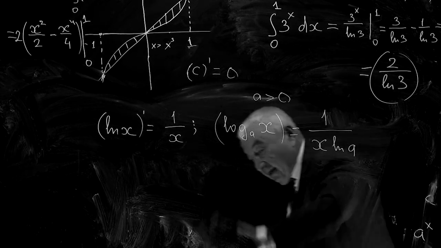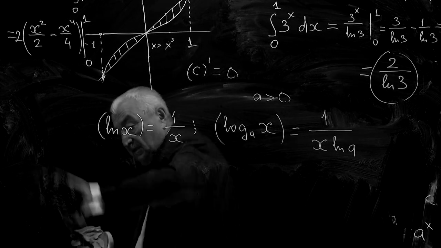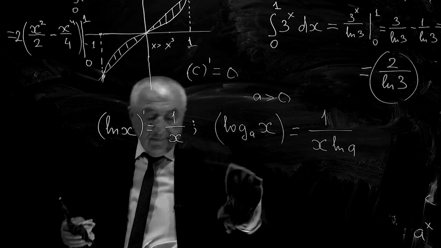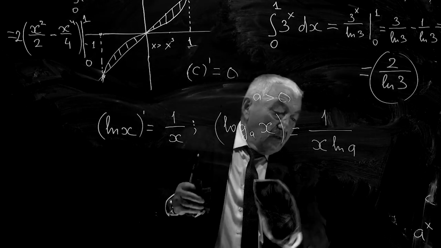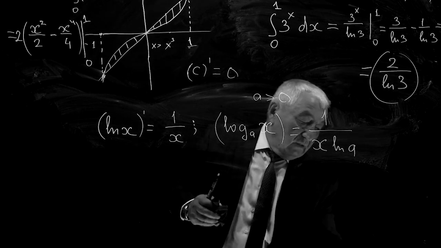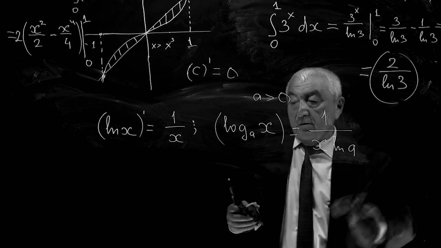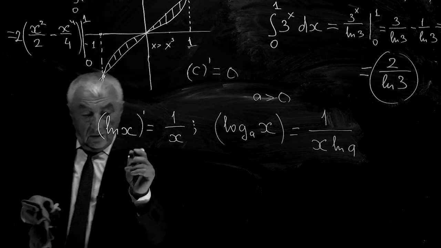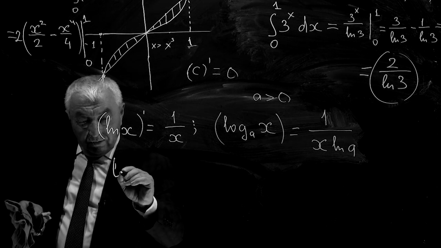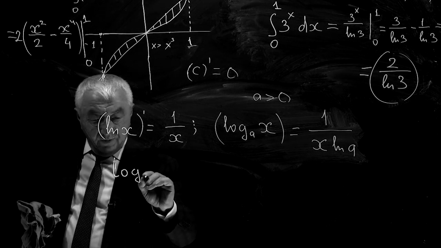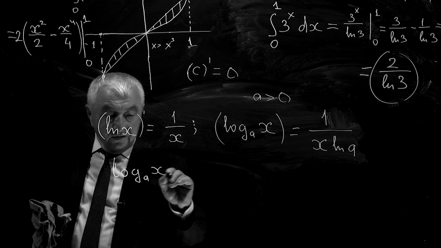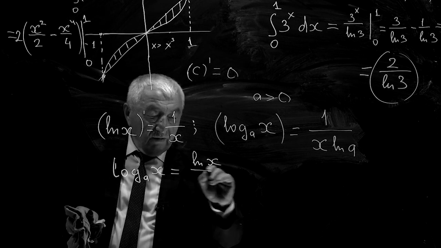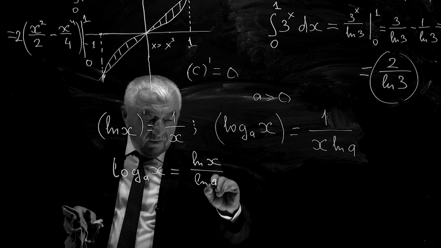Because there is a good formula for changing of base, a school problem in the chapter on logarithmic functions. The logarithm with respect to a of x is equal to the natural logarithm of x divided by the natural logarithm of a.